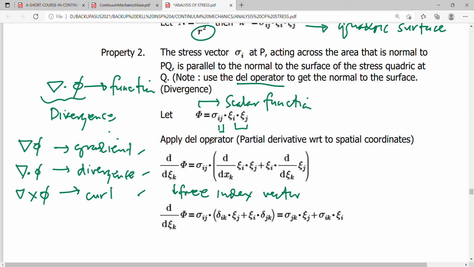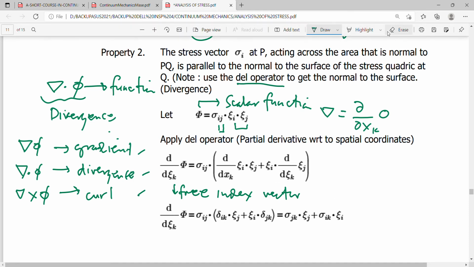Cannot make a divergence out of it. Since divergence has something to do with the del operator, and the del operator is simply the partial derivative with respect to the position, let's say k, of a certain function. Sorry, this is just an operator, so there's no function involved yet.